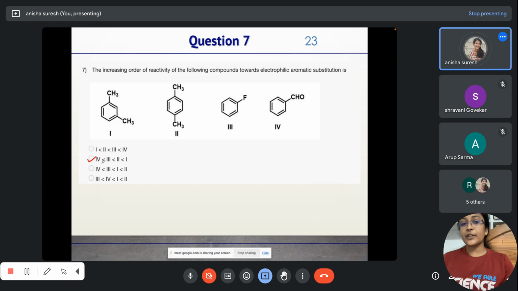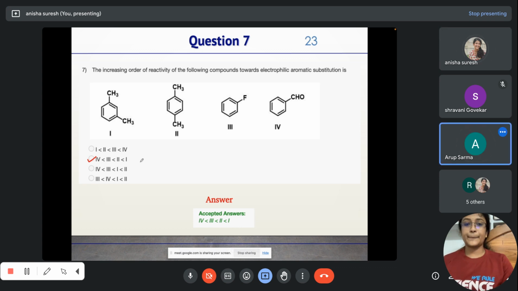So the correct option will be option B, where 4 is less than 3, less than 2, less than 1. Any doubts? You can refer to the table that we discussed in the starting, where we discussed the summary. Anyone having doubts? No, ma'am.